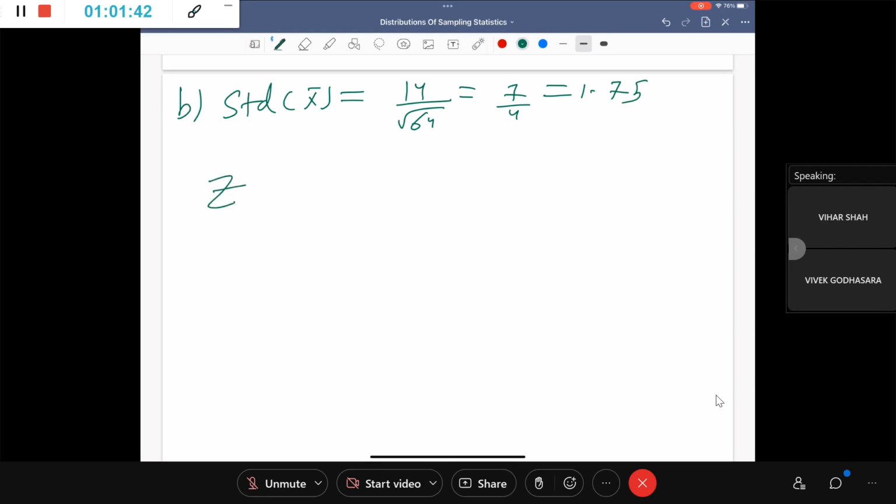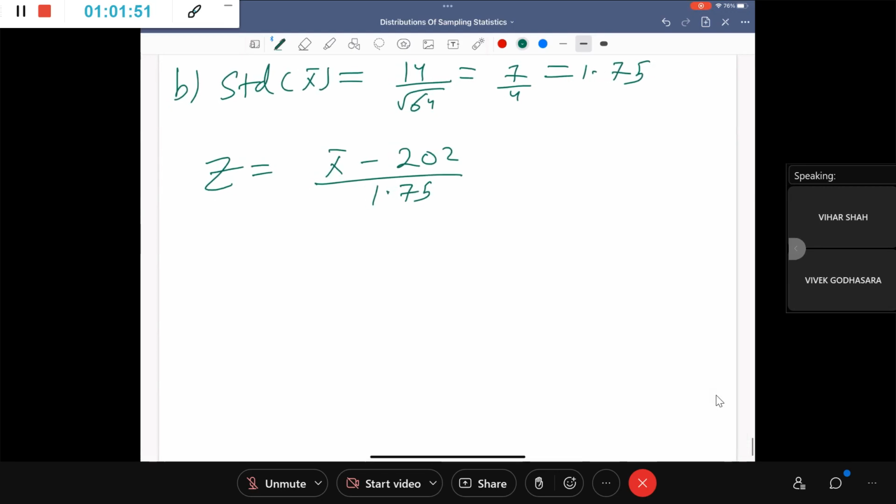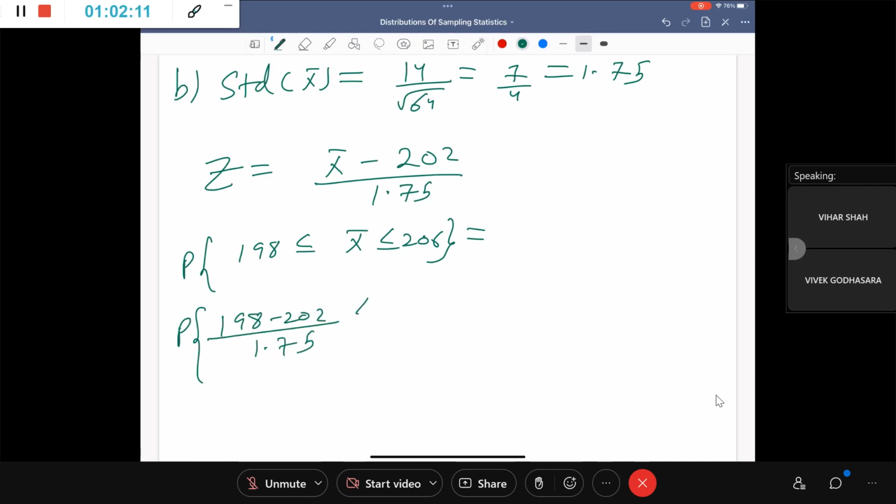So then your standard normal variable in this case is approximately standard normal. So you have to compute the probability, and when you do that, then you get the answer.